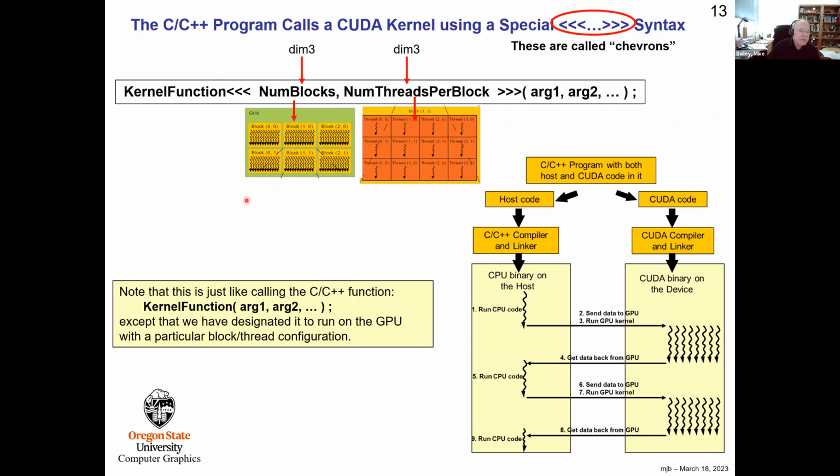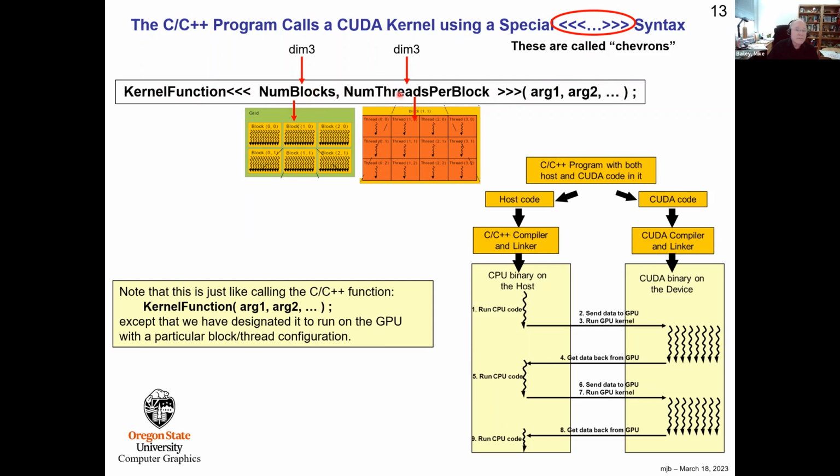So here's the trick. The trick is that when you are in your C program and you want to fire up something to happen over on the GPU, you call it as if it's a function, and it's got parentheses and arguments just like a function does, but it's got these triple less than and triple greater than. And NVIDIA calls those chevrons. Between the triple chevrons, there are two numbers, a number, comma, another number.